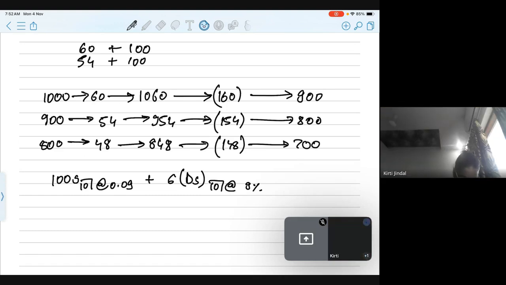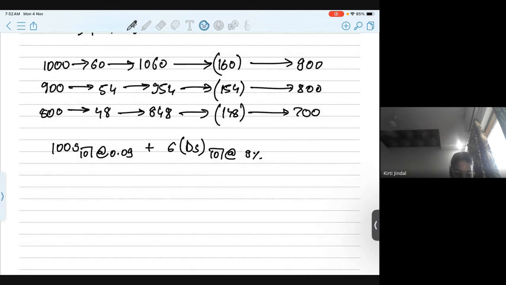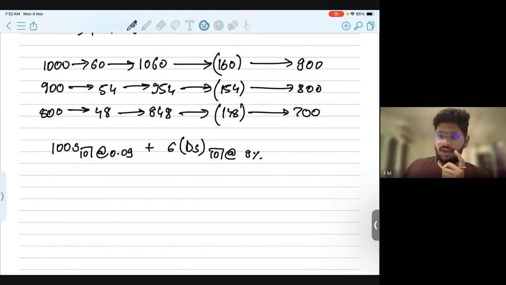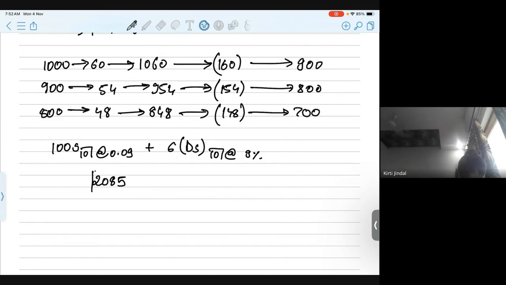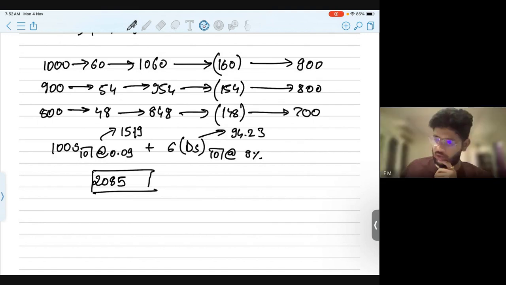Into 100 minus 565.38. Final answer. How come you're not able to get the final answer? Is it 2084.85? Yes.